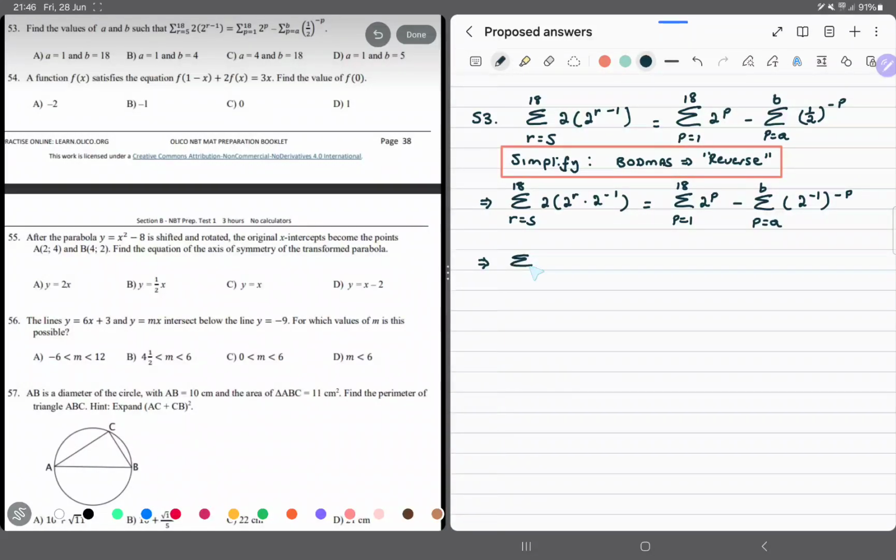So we've got sigma of 2 into 2 to the exponent r divided by 2, if we write that as a positive exponent.